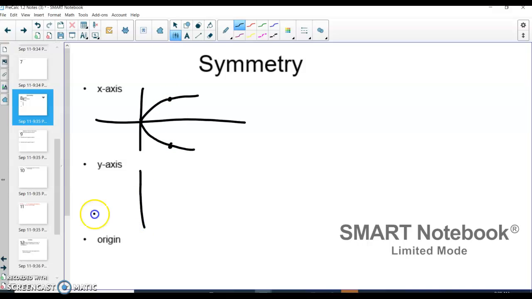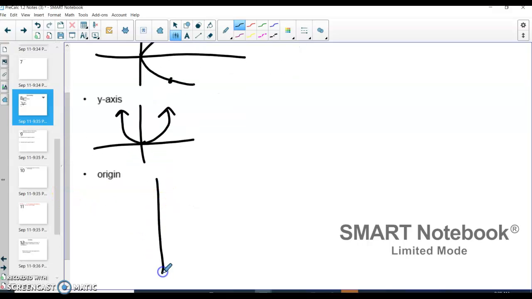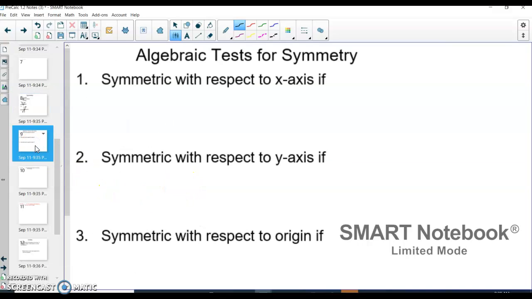Y-axis symmetry would be your standard parabola looking something like this, because it is symmetrical over the y-axis. Origin symmetry looks something like this, where you would have maybe your cubic function, where if you spun this bottom part down here 180 degrees, it would land right on top of the other one.